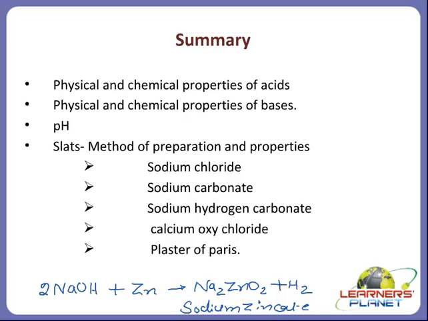Like beryllium. Beryllium also reacts with bases forming sodium beryllate. Aluminium reacts forming sodium aluminate and evolves hydrogen. Right? Potassium hydroxide doesn't react with metals. So we discussed their reactivities. We also discussed pH. What is pH, students? pH is a measure of the strength of an acid or base.